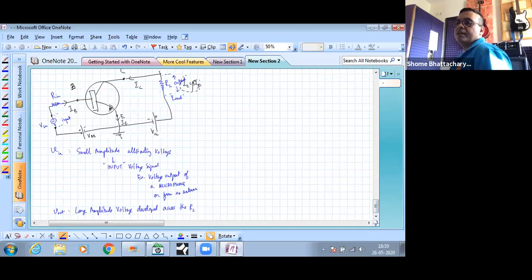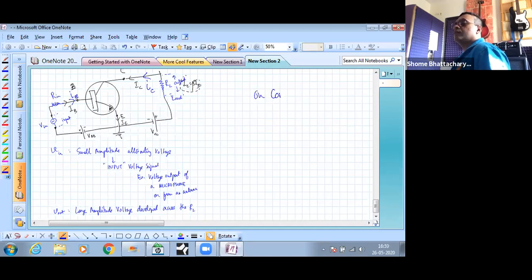So what happens is, the moment I connect this input voltage, this current changes from a DC to an alternating current. IB becomes like this. I'll write it with small letters.